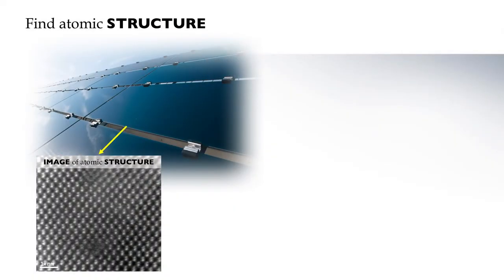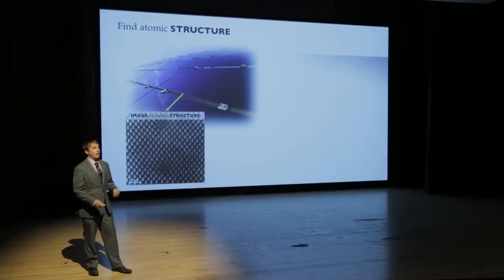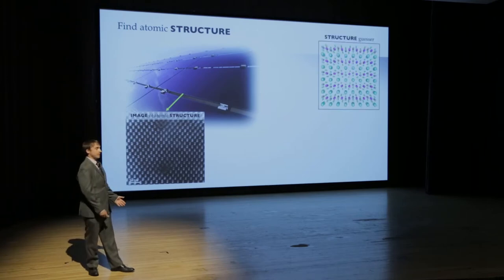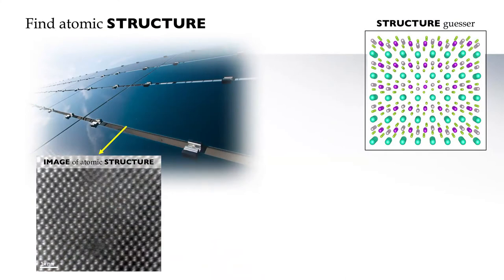So returning back to the solar panels, this again is an image of a material for a solar panel, and we want to know the structure again. And this is what the computers can be used to help us do. So the very first step is we have a framework of software that we use to help us with this task, and it has the computer vision integrated into it. But the very first step is we have to start somewhere, so we guess. Here's our first guess at what the structure is.